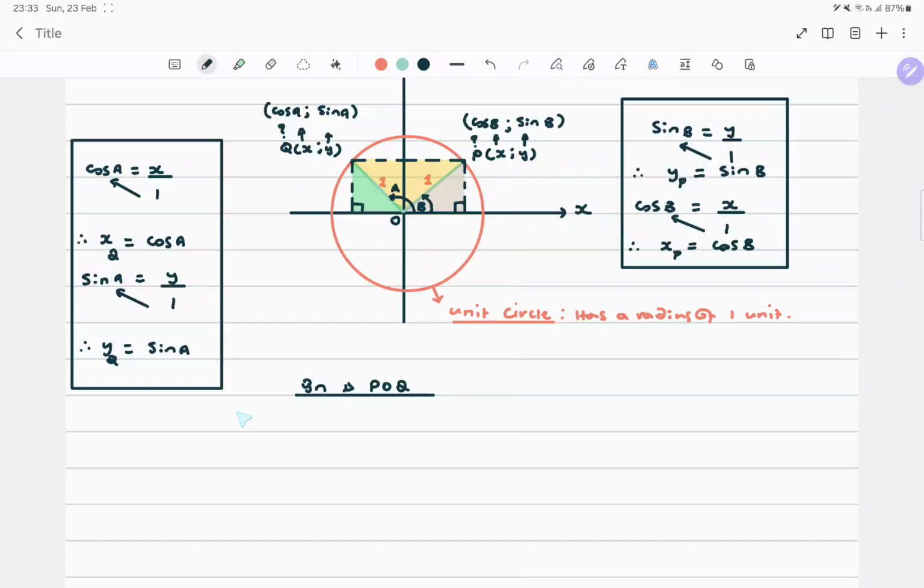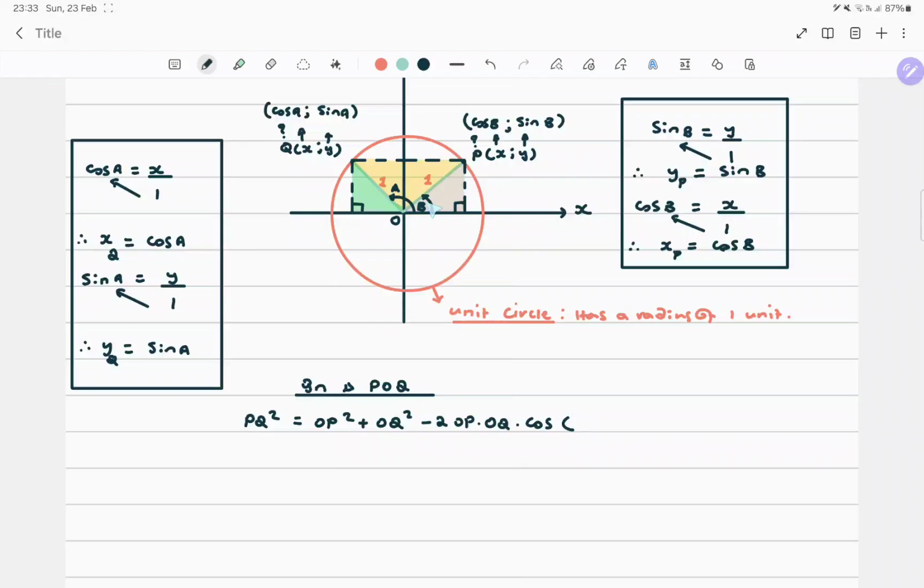So we know that essentially PQ squared is equal to OP squared plus OQ squared minus 2 times OQ times cos of the angle.